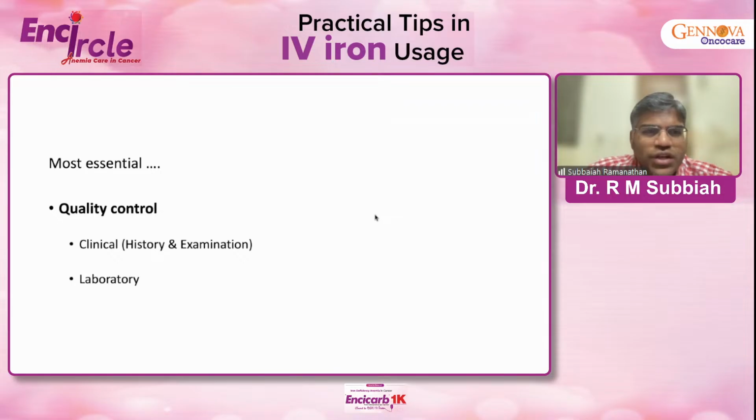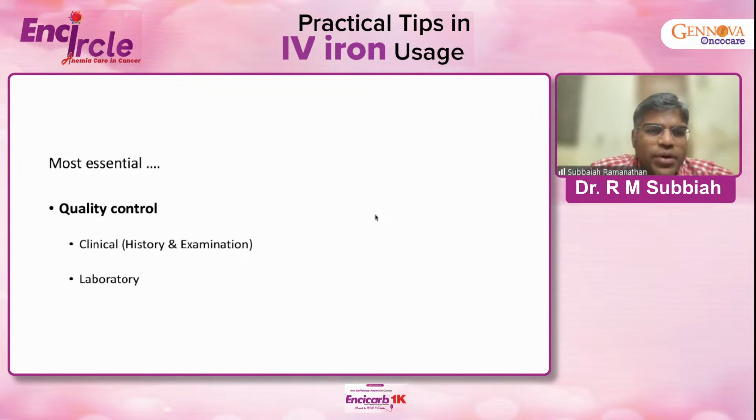The most essential part when we interpret these tests is quality control. One is we have to see the patient clinically, and sometimes the patients might be pale, but the hemoglobin would be 12 grams. So it might be a sample mix-up, lab error, or a clerical error is possible. So you correlate your history and examination findings with the laboratory findings.